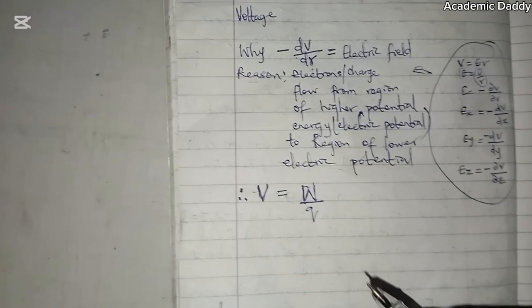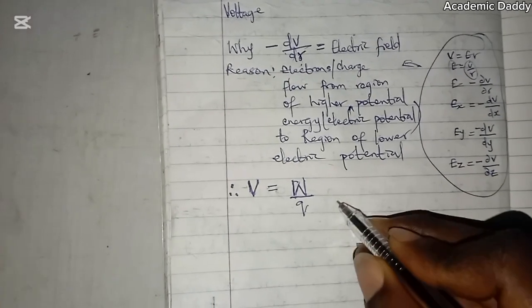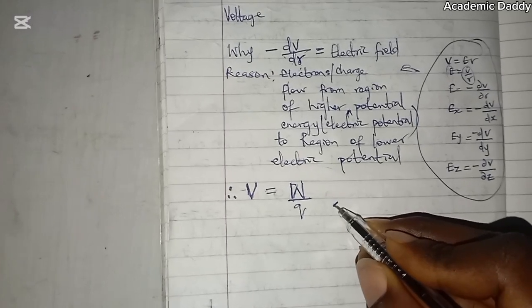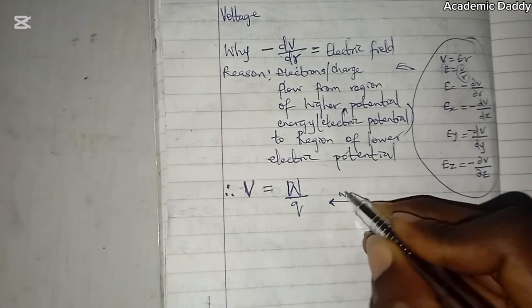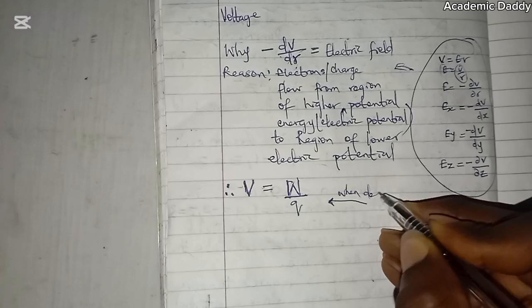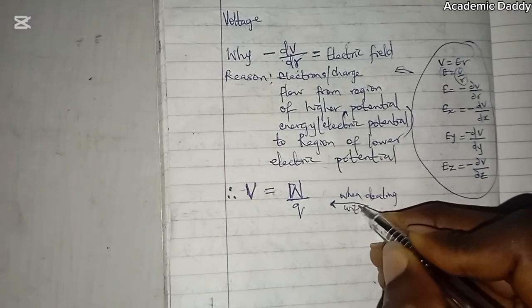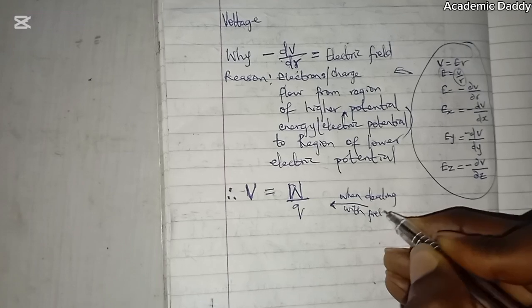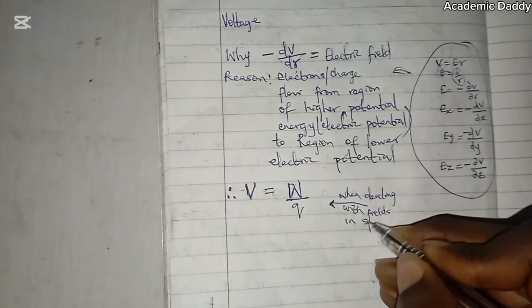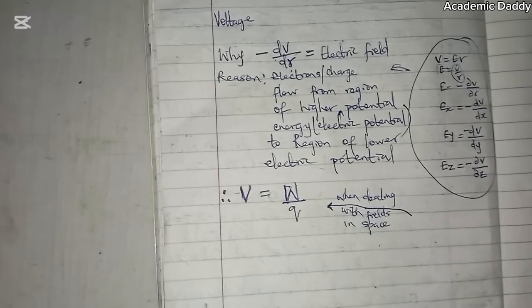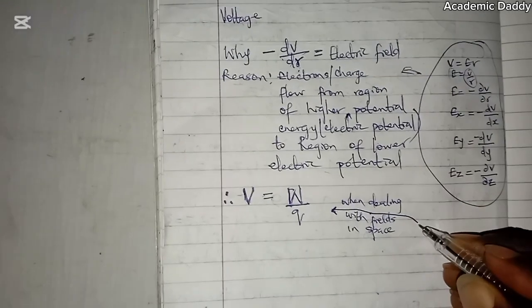But when you really want to go deep into calculating this, when you are dealing with fields in space, it's important to consider what this actually is. It's no longer like when we are dealing with two dimensions.